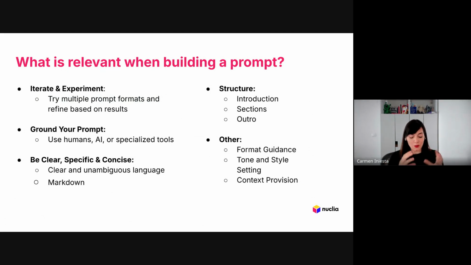We need to make our prompt in a way that has very well-defined sections: an introduction in which to explain what the model needs to do, sections, and an outro in which we prompt the model to give us whatever answer or behavior we want. Other things, as we mentioned before: guidance on the format, specify which tone and style you want, and in a RAG context, always remember to provide the context.